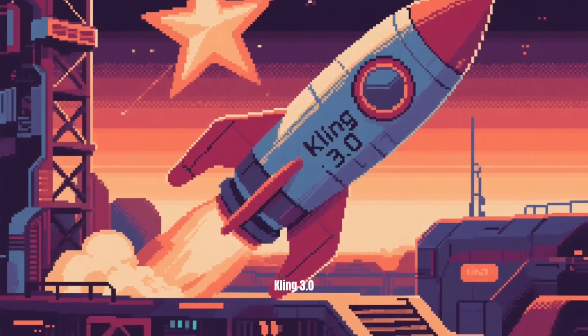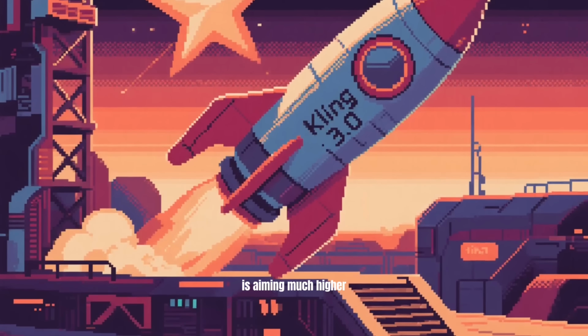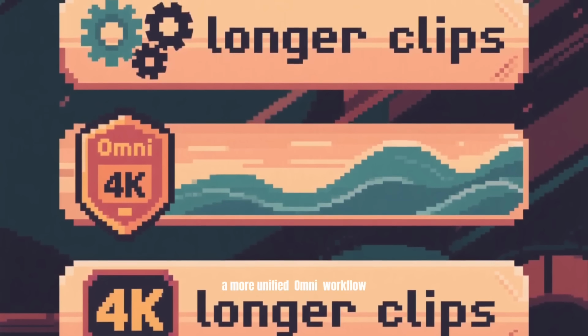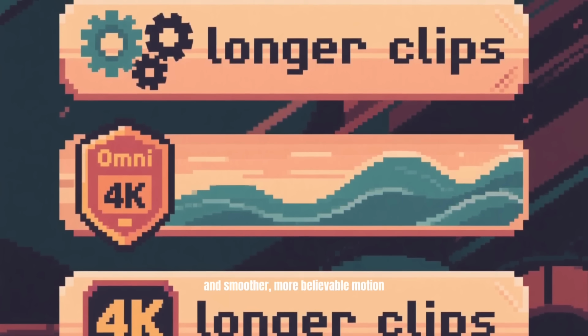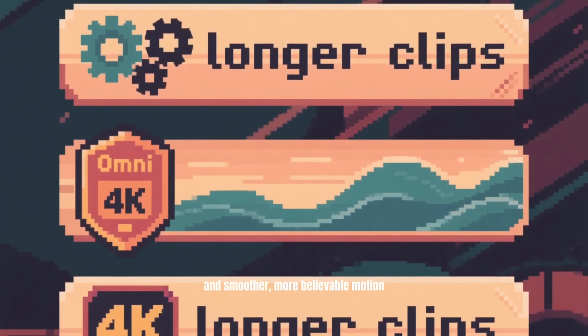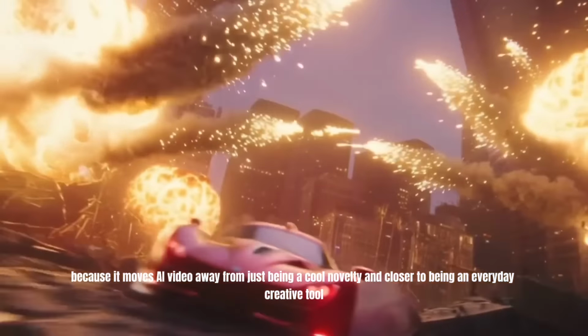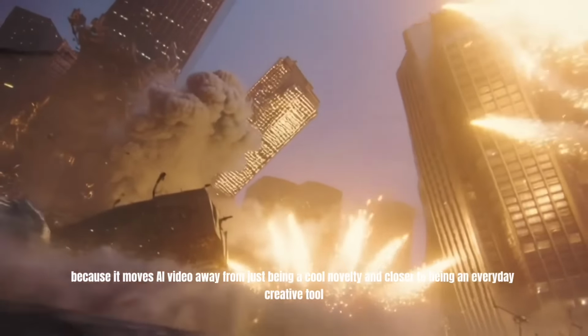Kling 3.0, based on all the public discussion, is aiming much higher. We're talking longer clips, higher resolution targets, a more unified Omni workflow, better continuity between shots, and smoother, more believable motion. This shift is incredibly important because it moves AI video away from just being a cool novelty and closer to being an everyday creative tool.